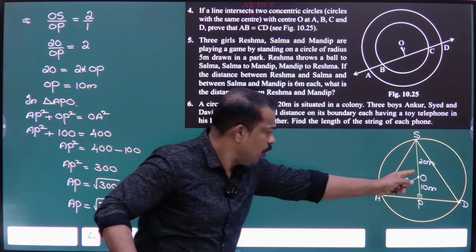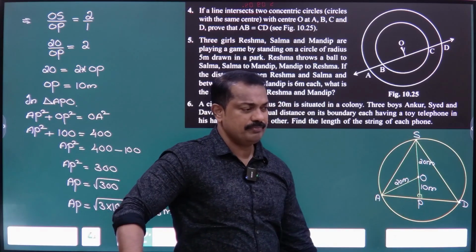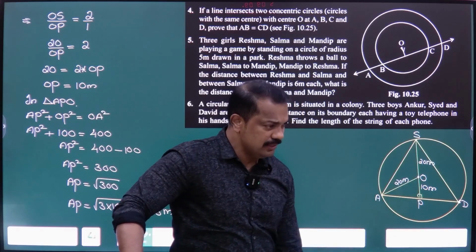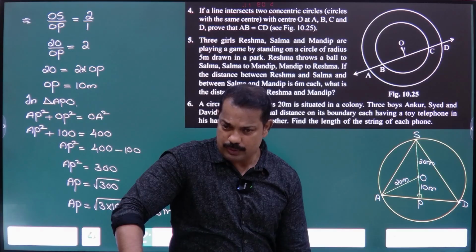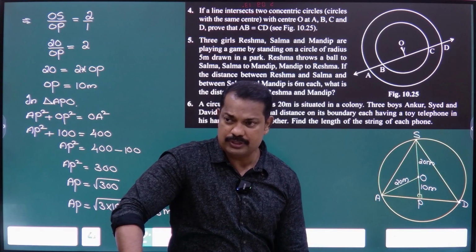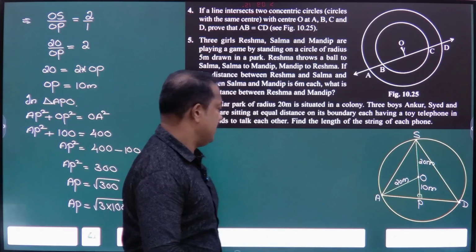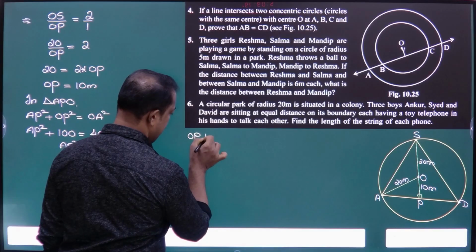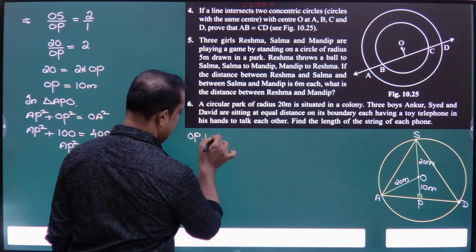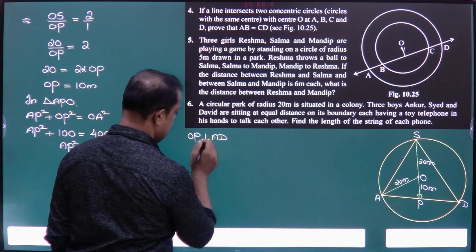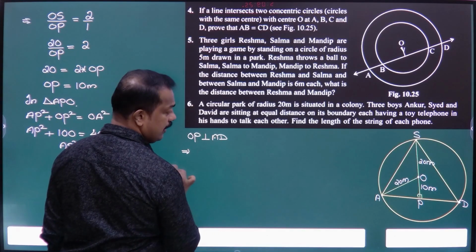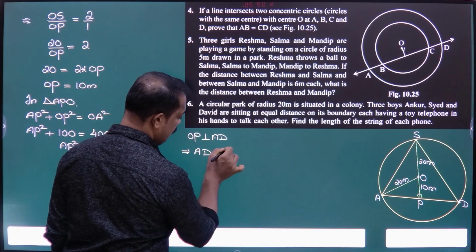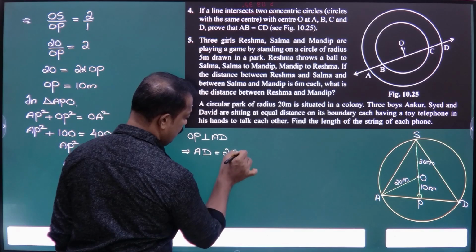Now check OP. So we can say AD is equal to 2AP. AD is equal to 2AP. Theorem: perpendicular from center to the chord bisects the chord. OP is perpendicular to AD, implies AD is equal to 2AP.